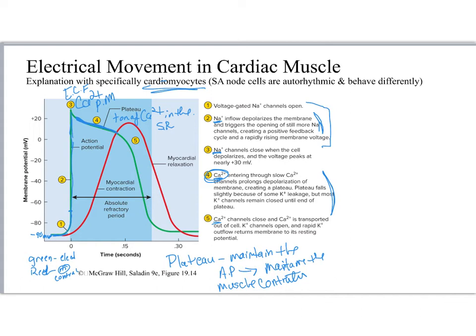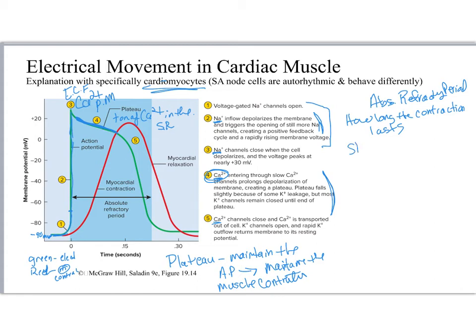Now, why this is important is I want you to think about, let's think about the absolute refractory period. Actually, let's use something that might be simpler if you haven't done A&P1: how long the contraction lasts.